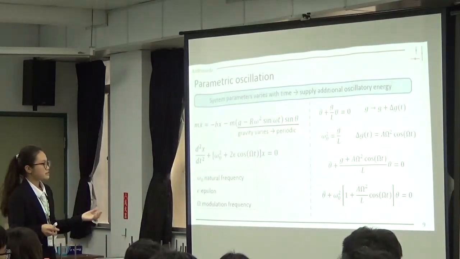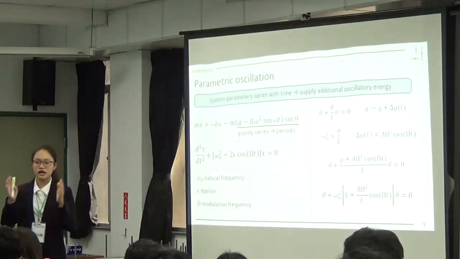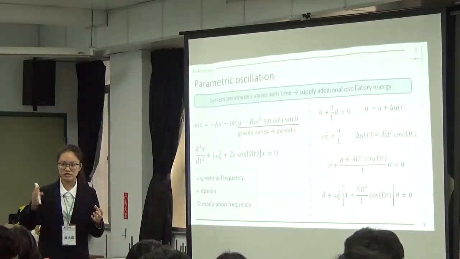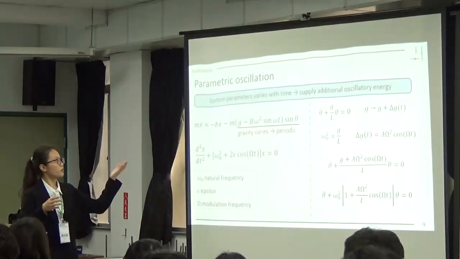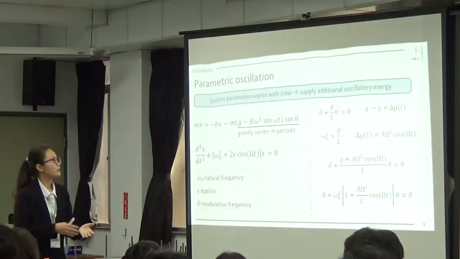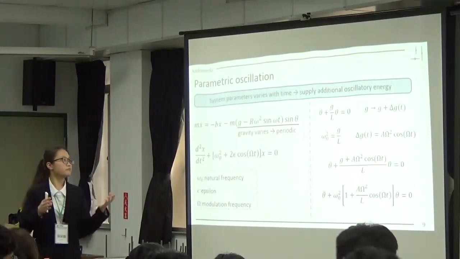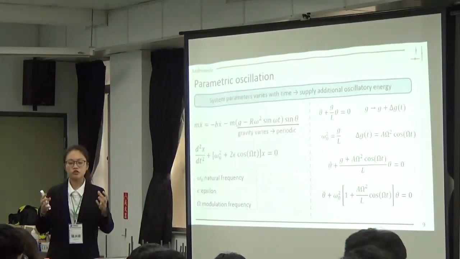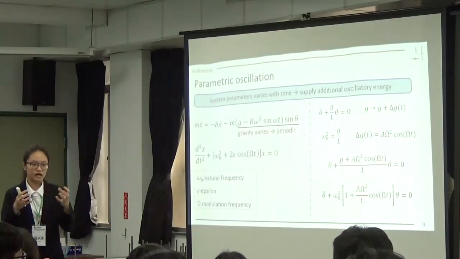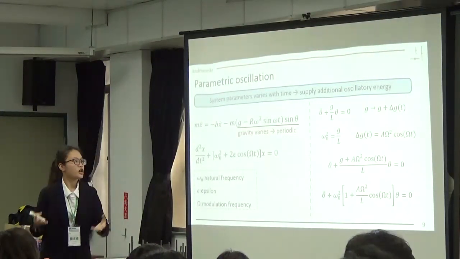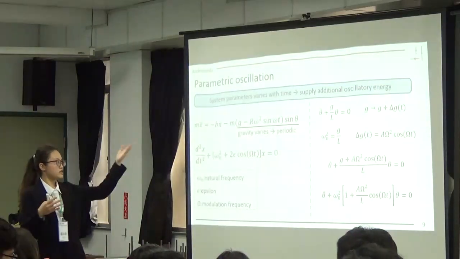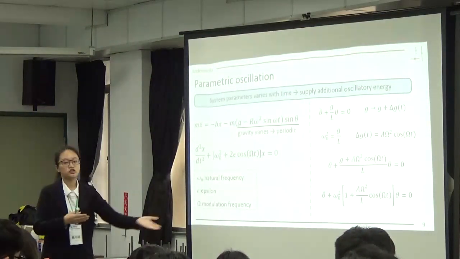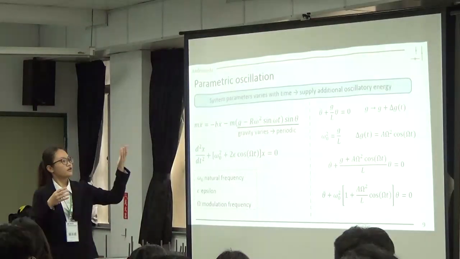Okay. Next, I'm going to talk about why the lato oscillates with an increasing amplitude. First, we need to know what a parametric oscillation is. A parametric oscillation is a system whose parameters vary with time, which gives additional force to the amplitude so that the amplitude will increase. In order to use all the properties of this theory, we have to rewrite our formula.